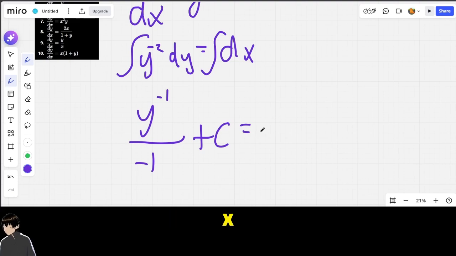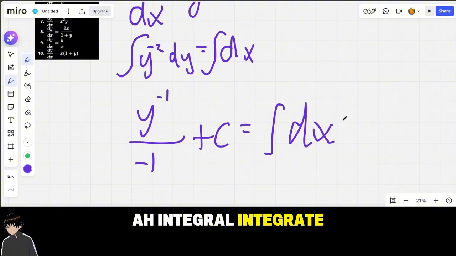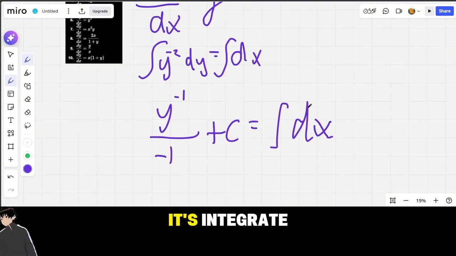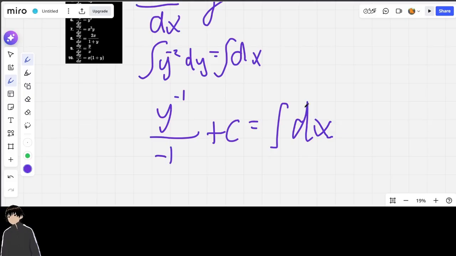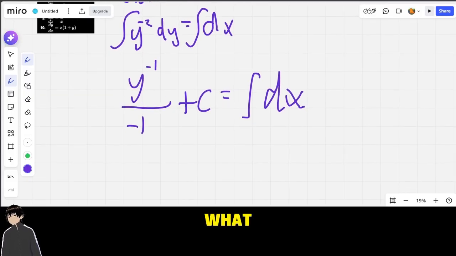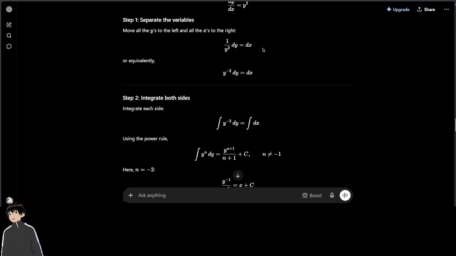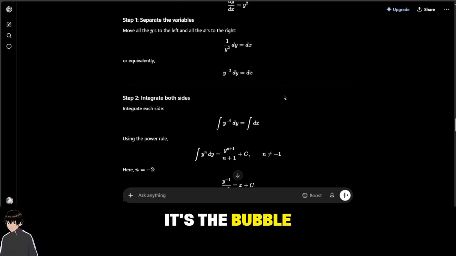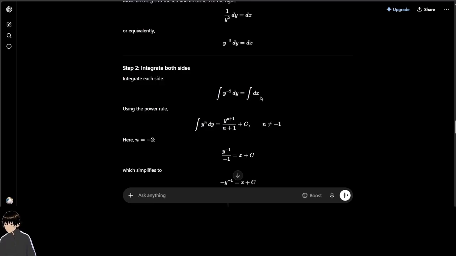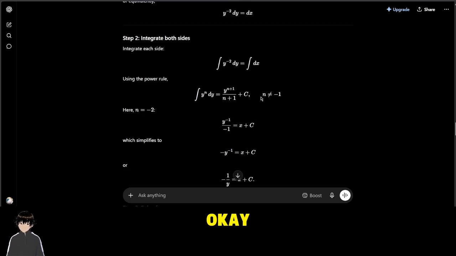You have to integrate. It's the power rule. Okay, I get it now.